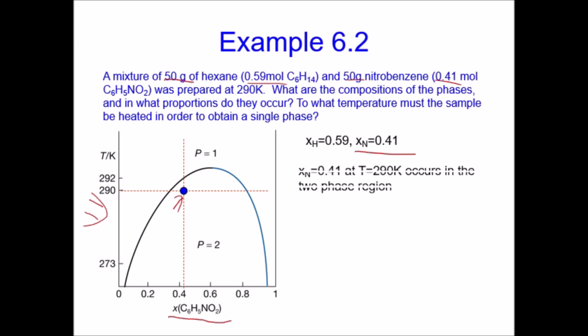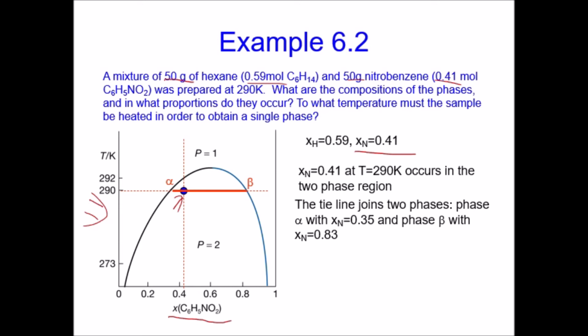So we call them alpha and beta. For the alpha phase, we draw the vertical line, find the composition is about 0.35. And the beta is about 0.83.